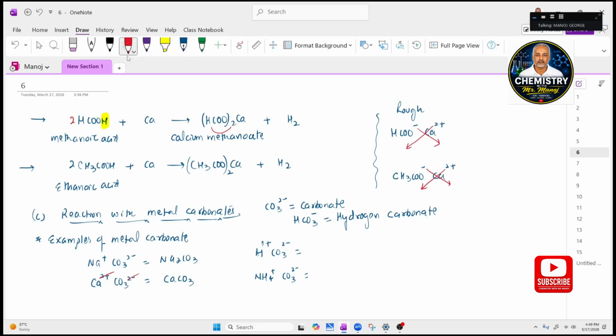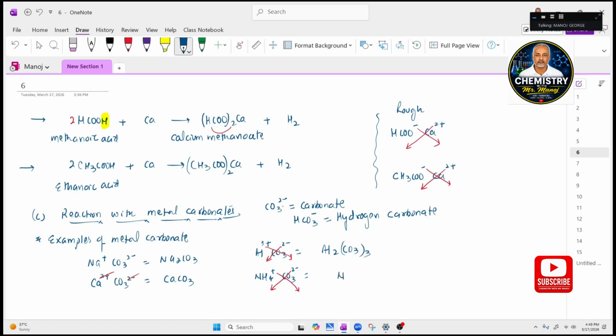Now what happens? The 3 has to come here and the 2 has to come here. So the formula of aluminium carbonate is Al2, and then you put the CO3 in the bracket and put a 3 here. That's aluminium carbonate. Ammonium carbonate. I have the 2 coming down here, but the 1, of course, we just ignore it, as I said.